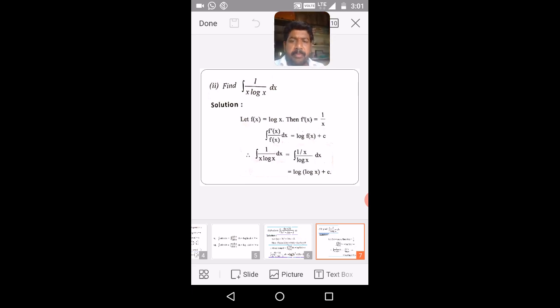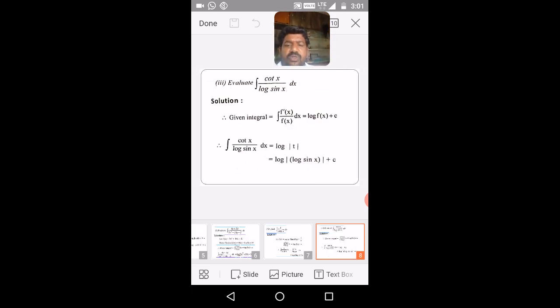Okay, so another question: evaluate the integral of cot x by log sin x dx. The numerator is cot x, the denominator is log sin x. Take f of x equal to log sin x.